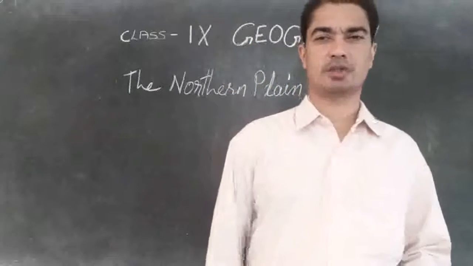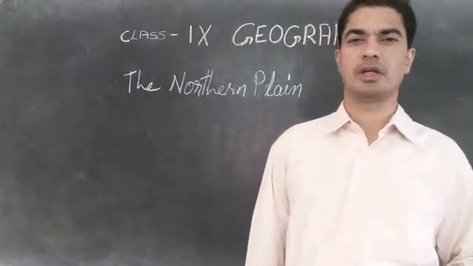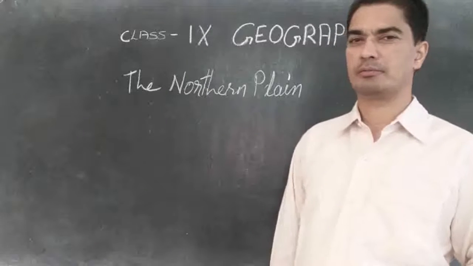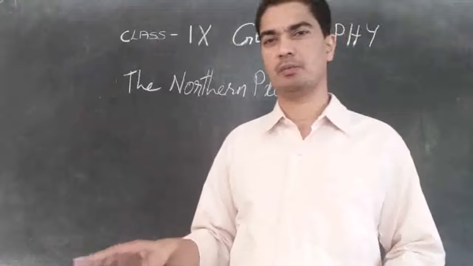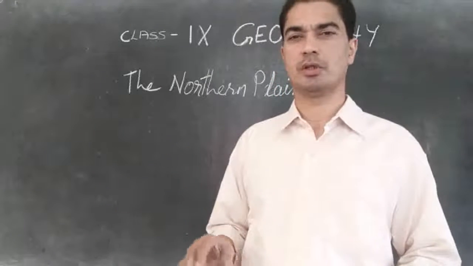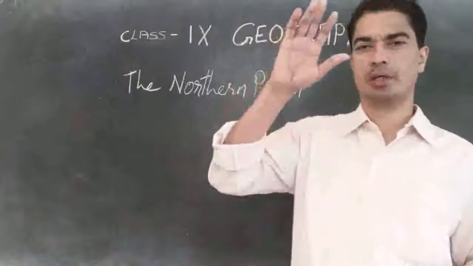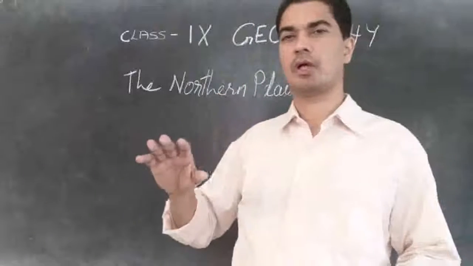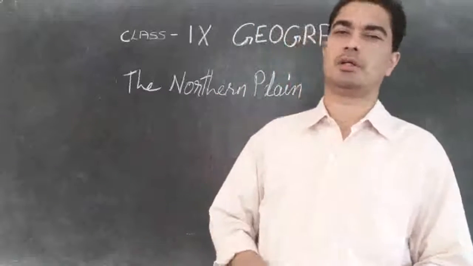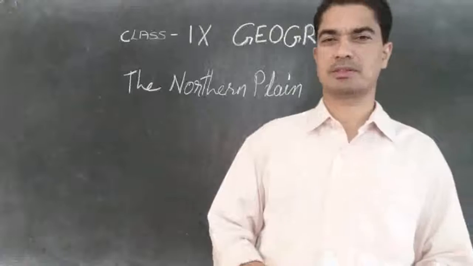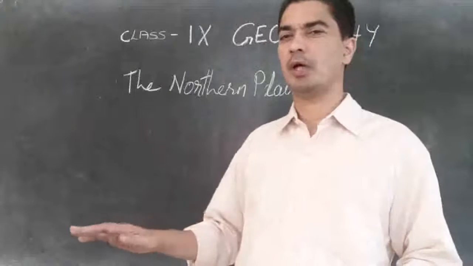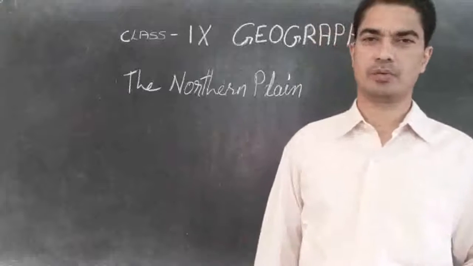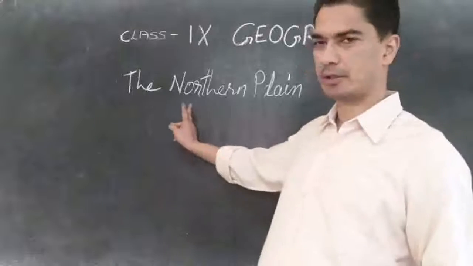We said it has three ranges, and below them it was a deep valley millions of years ago. Slowly the rivers came, brought soil and pebbles and filled that valley, and that valley has become a very plain area now. That is called the northern plains.